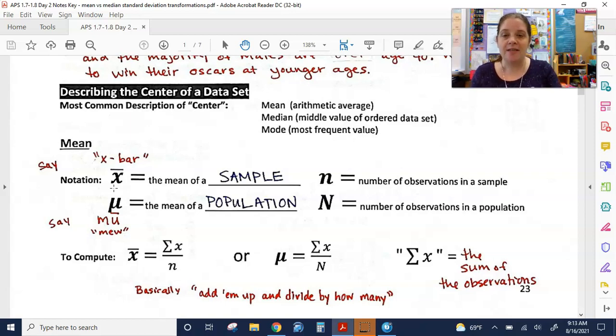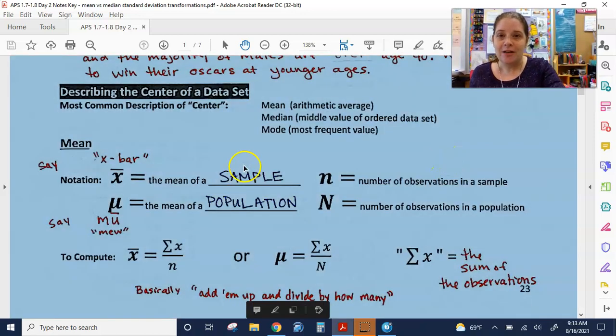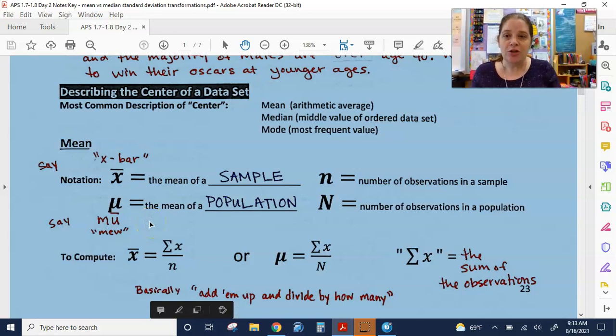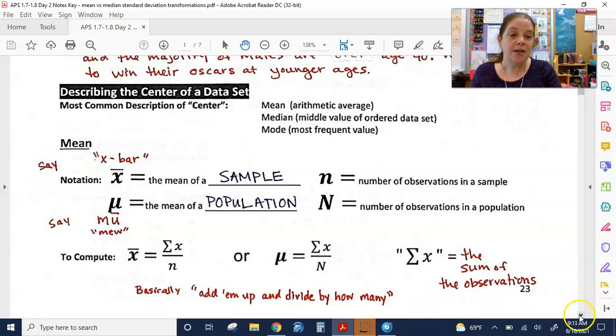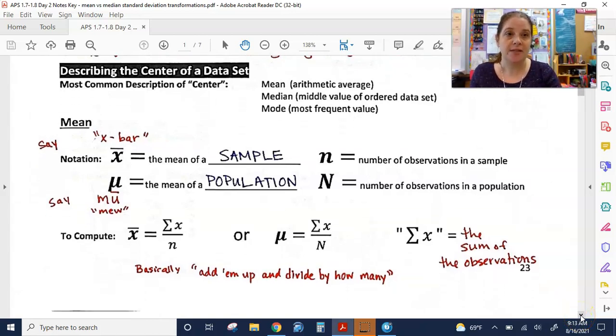The other one we have is this kind of little fancy M, mu, which is the Greek letter that we will use for mean. In general, in statistics, we have a tendency to use Greek letters for populations and English letters for samples.